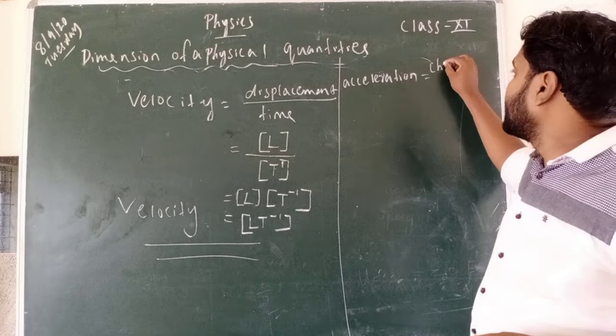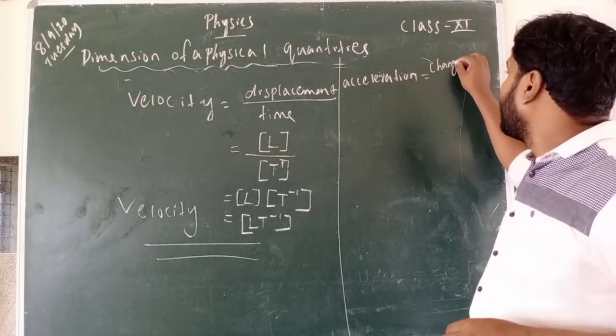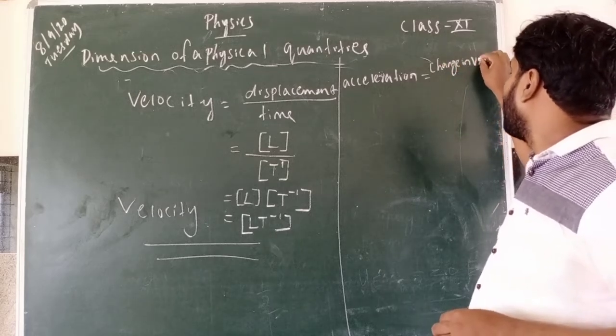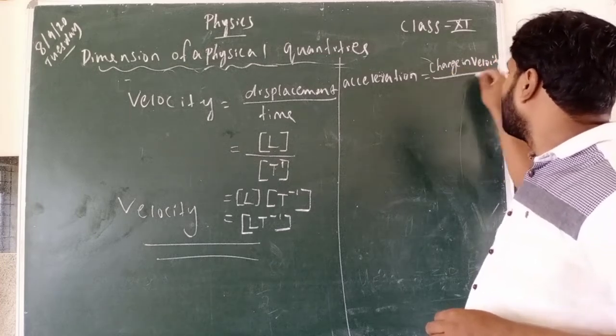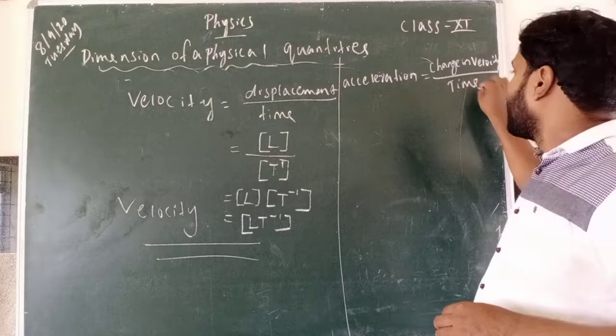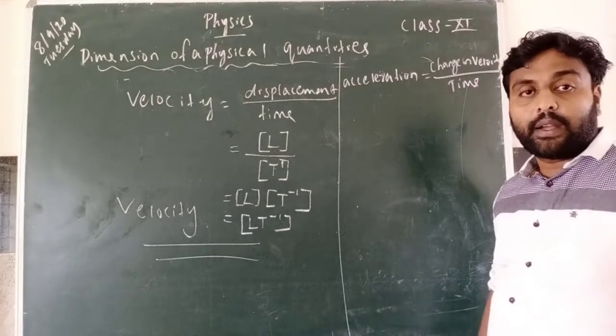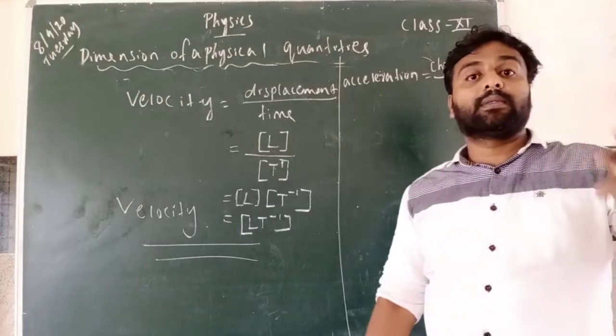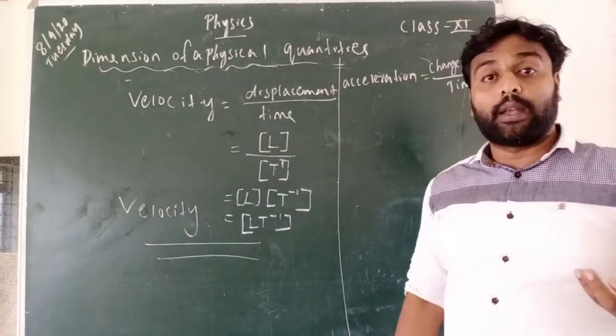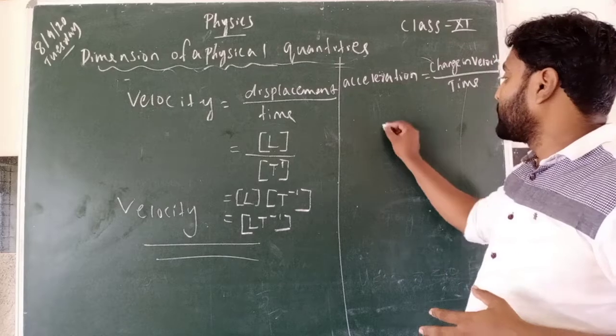Now change in velocity is a derived quantity, so you have to derive that also.